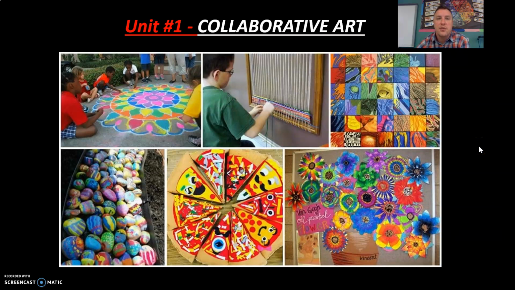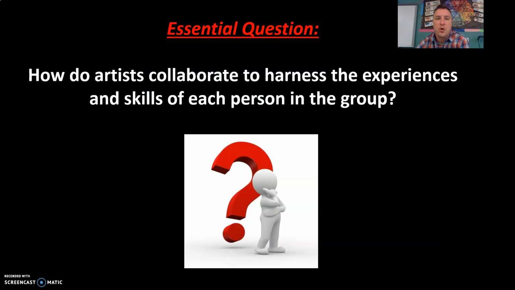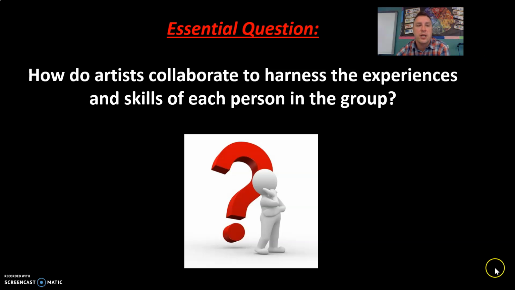That's a look at different collaborative artworks and what collaboration means. Now, your essential question for the entire unit, which you'll be answering in your learning log at the end of the unit, is how do artists collaborate to harness the experiences and skills of each person in the group. So it's not just how do artists collaborate, but how does each artist get to bring their skills and experiences into the group?